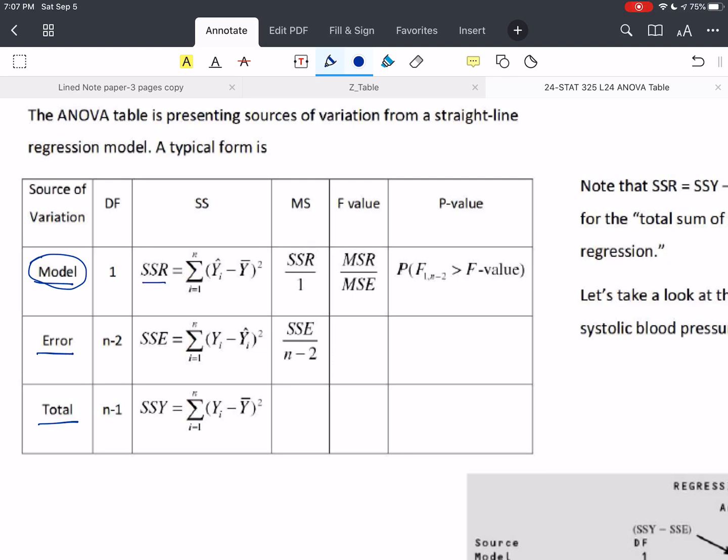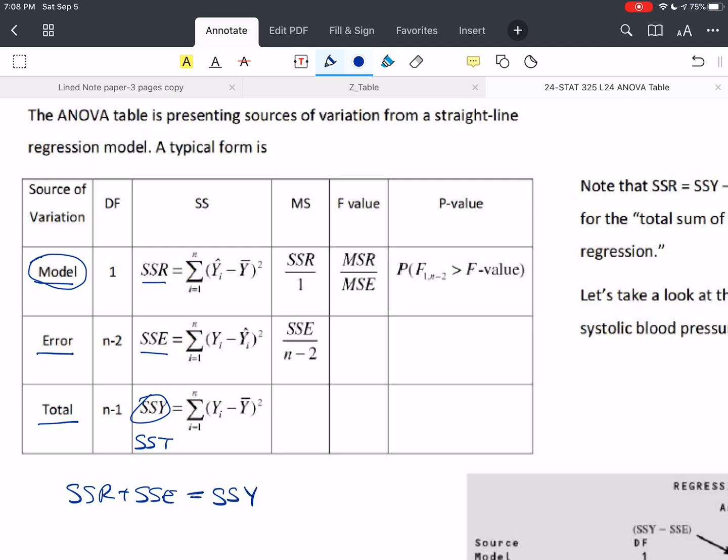So SSR is the sum of squares of regression, and this is added to the sum of squares error to give us the total sums of squares, or the sum of squares of y. Sometimes this is called SST. And the relationship is SSR plus SSE equals SSY or SST.